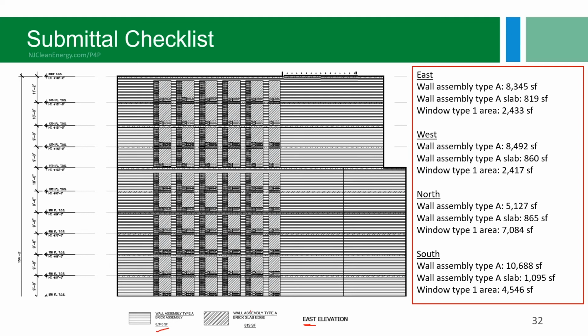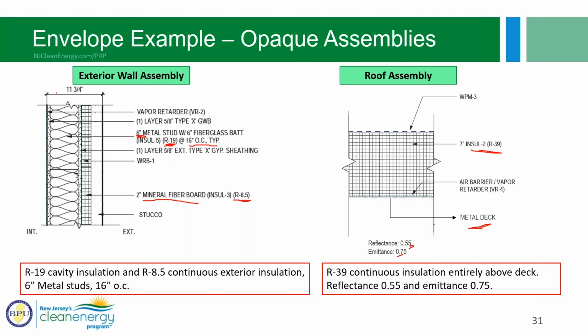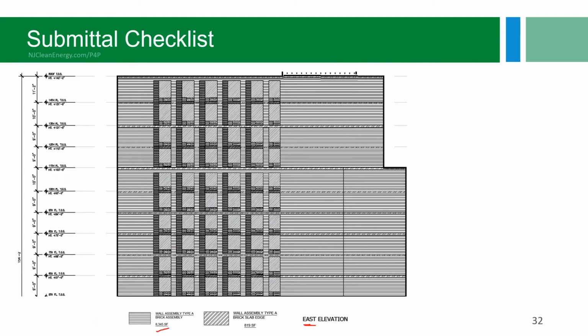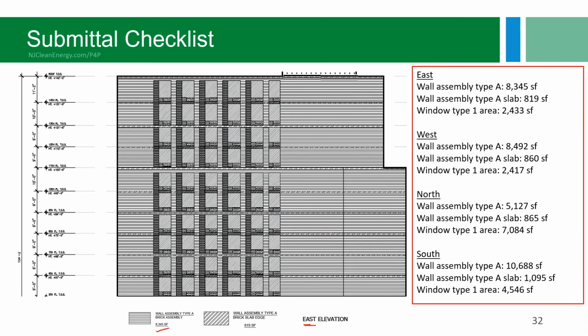And so in this example here, I didn't show the assembly, but this particular building has both the assembly that I just showed you, this one, and then there's also a brick slab edge assembly. So the design documents quantify these nicely for us, so we know the window area, we know the area of each assembly type by orientation. These can also come out of the simulation tool. Often that can be easier.